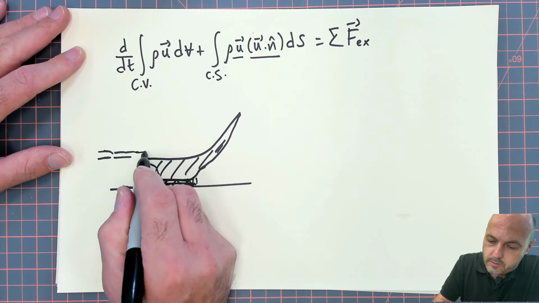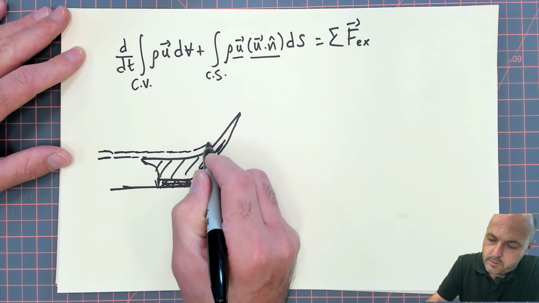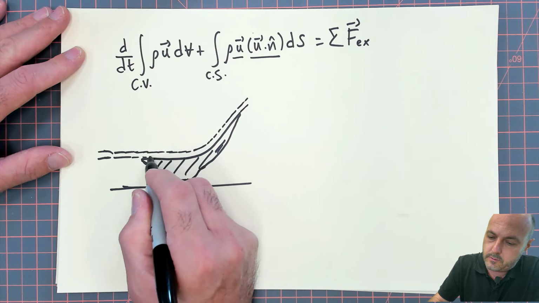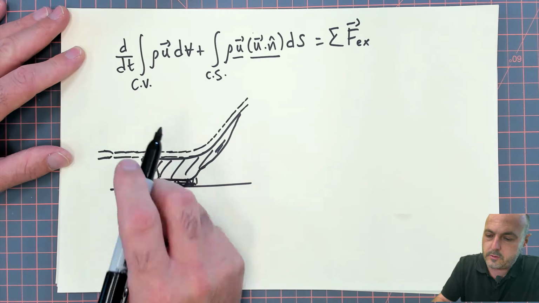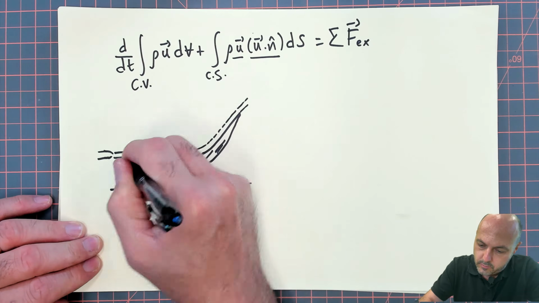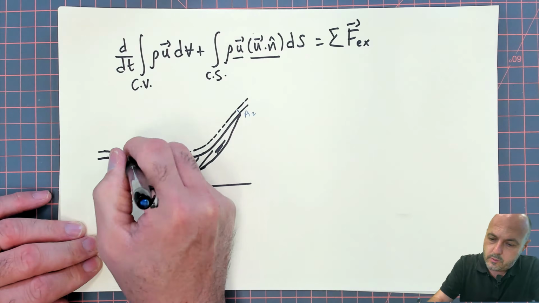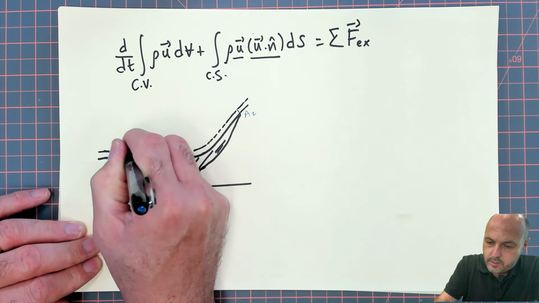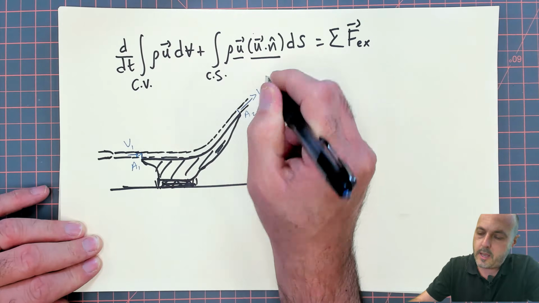I'm going to assume that the jet flows nicely over here, curves, and then exits through here. So this is our jet. The area over here is A1 and the area over here is A2, which we know. The flow is coming in here at V1 and exiting over here at V2.